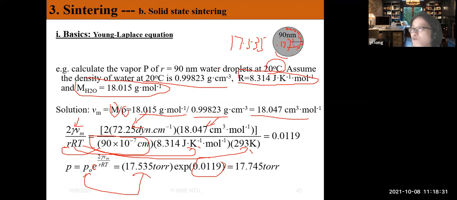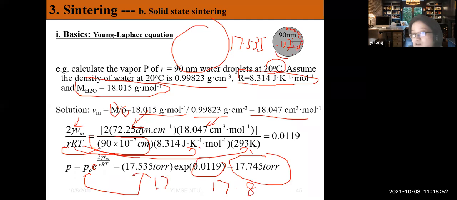So you have a tutorial question. Now I'm asking you, if your water droplet is 900 now, much bigger, 10 times bigger, what is this value? Give me a guess. I just write the number here. It's going to be 17.8 or 17.6. You choose.